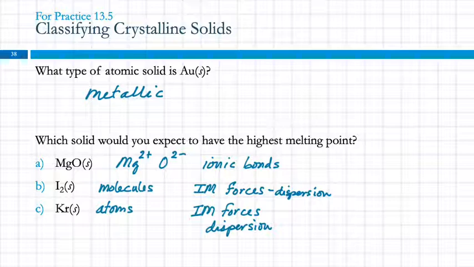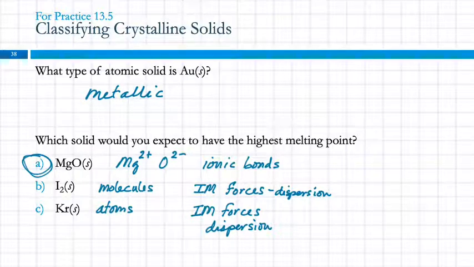So here, identifying the highest melting point should be relatively straightforward. Which is the highest melting point? The one with the ionic bonds, the strongest things holding it together. Here, we can also answer which is the lowest. When we look at these two, they both have the same kind of force. What did we learn about the strength of dispersion force?